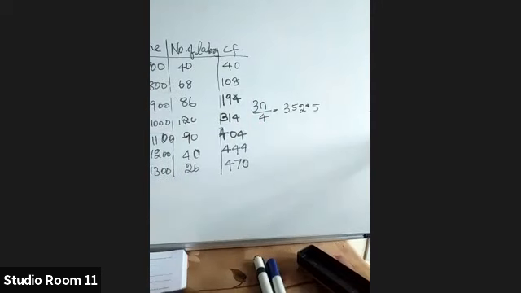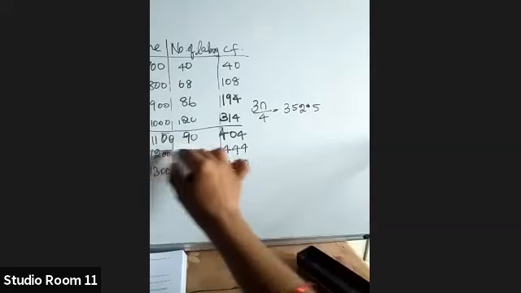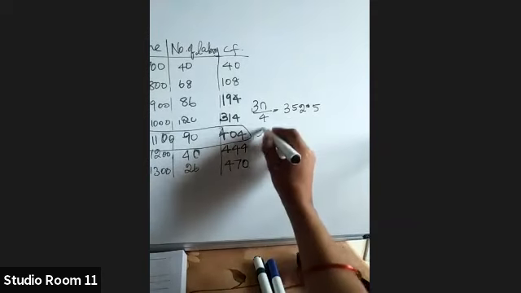So 352.5, Karthik, which is the upper quartile class? 1000 to 1100. Yes, correct. Then L is 1000.